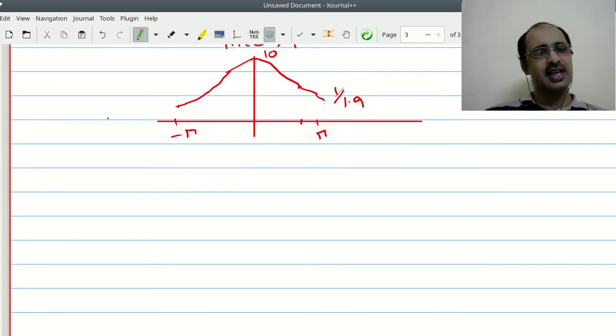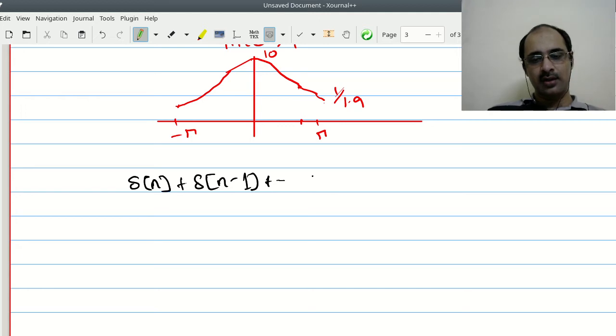Okay, let's take another sequence. Let us actually take the sequence delta[n] plus delta[n minus 1] plus dot dot dot plus delta[n minus m plus 1].